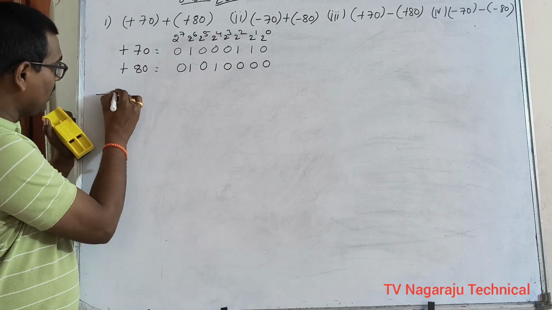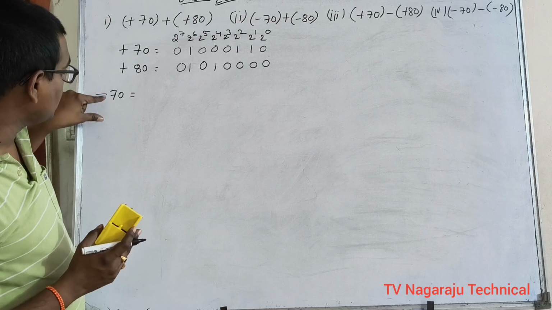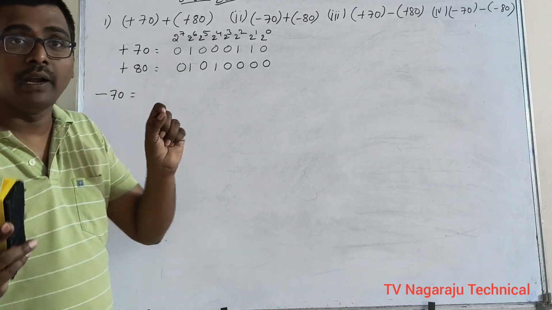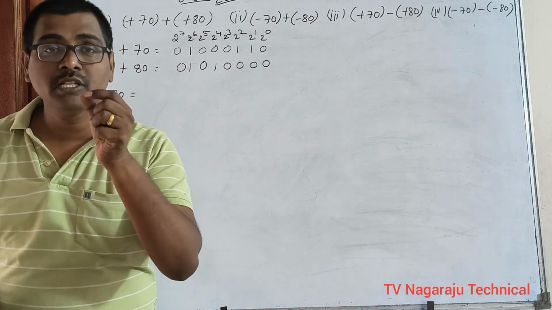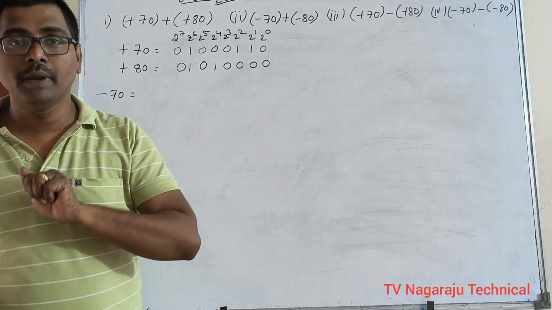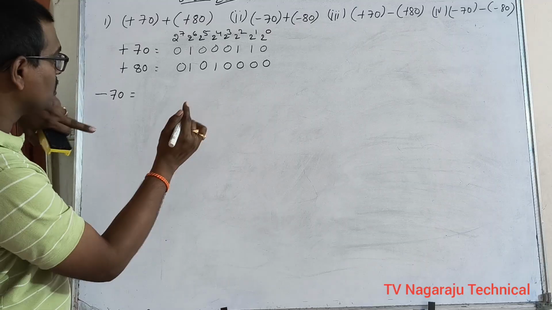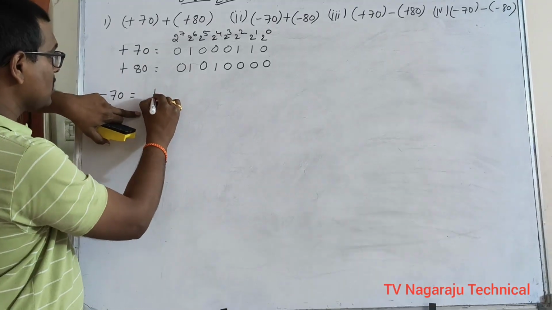And parallelly, take the 2's complement representation, that is minus 70. We already know subtraction is performed by using addition with the 2's complement of the subtrahend. So for minus 70, take the 2's complement. What is the 2's complement?